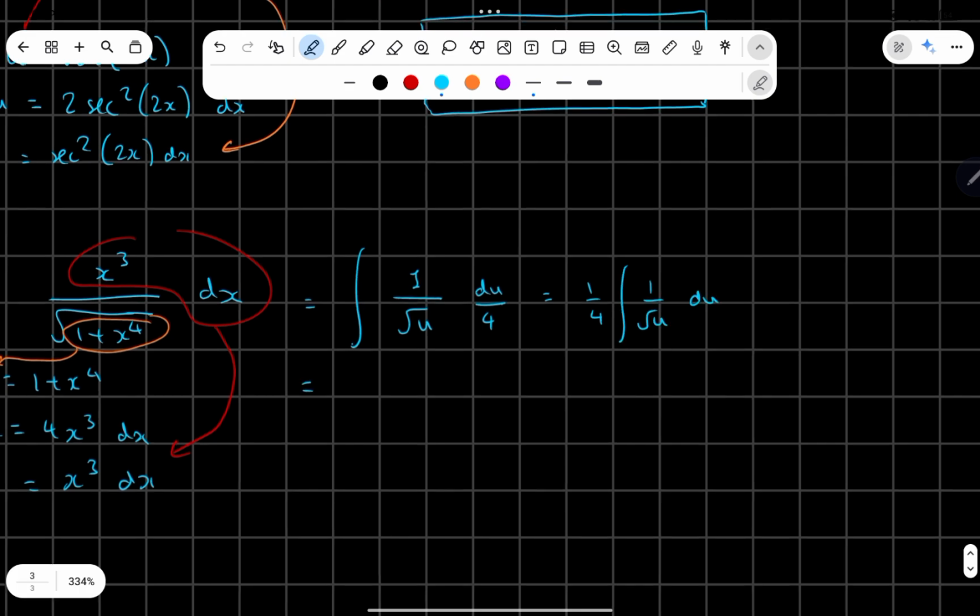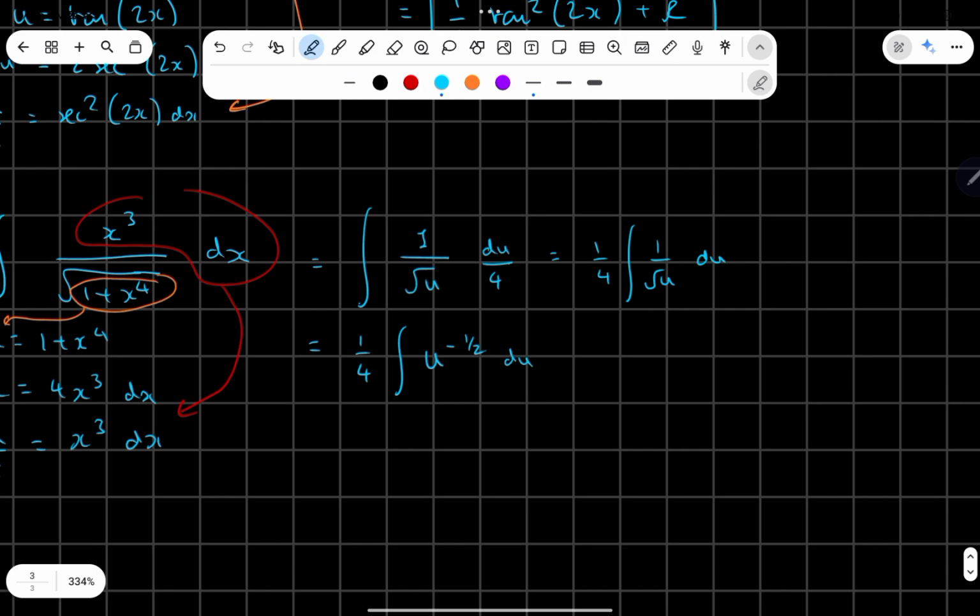This is just the same as 1 over 4 times the integral of u to the negative a half du. And again, use our integration techniques. We add 1 to this, divide it. So we have 1 over 4 times 2 u to the half, I believe. Let me just double check that.